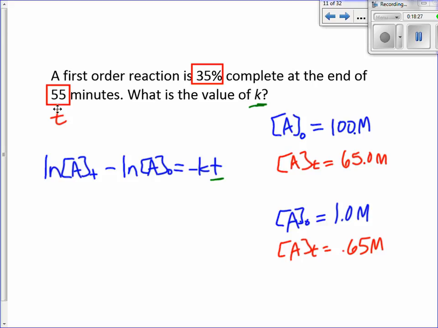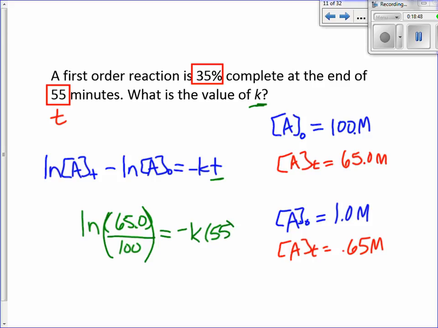You can do what they also did in the video to make it easier for yourself, the 65 over the 100. You can do that natural log property if you want to.